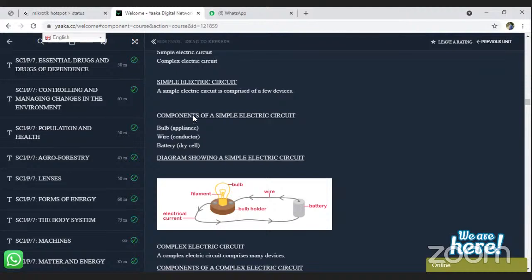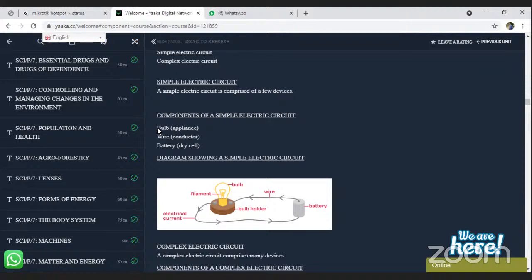They can ask you to mention the components of a simple electric circuit. Sometimes you will not see the word electric. They will simply say, give the components of a simple circuit. It is the same things. Which are these components?